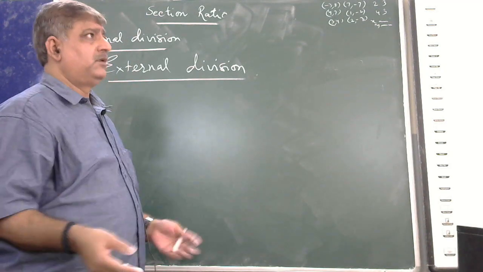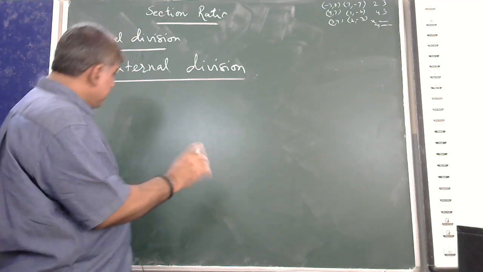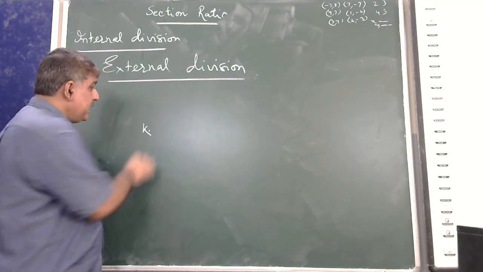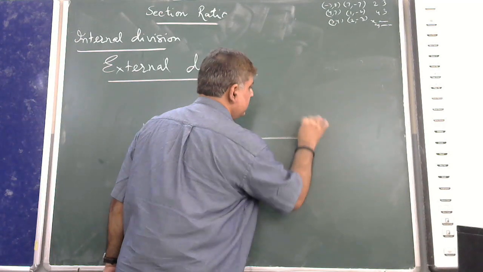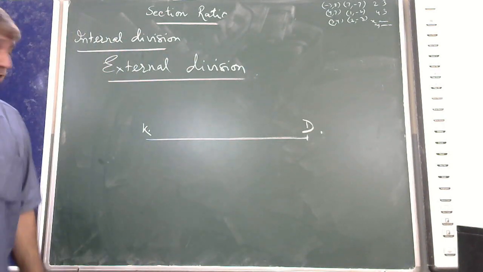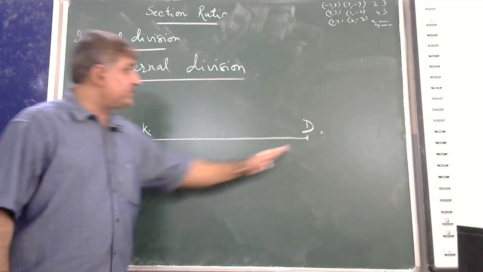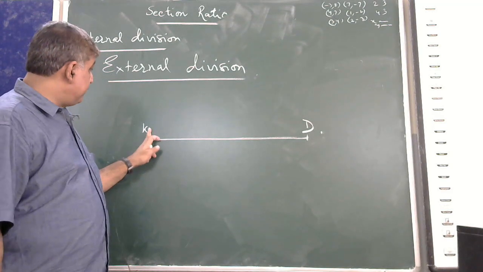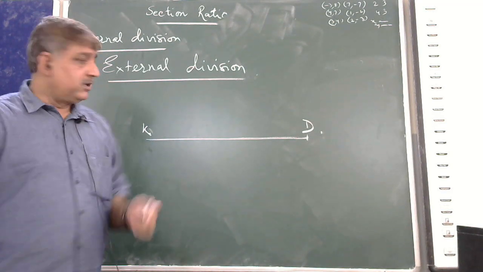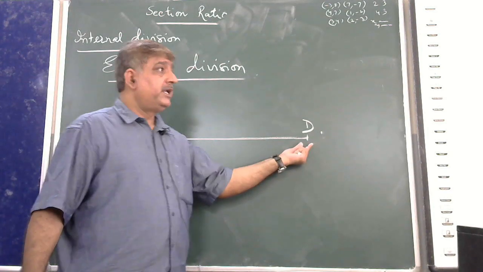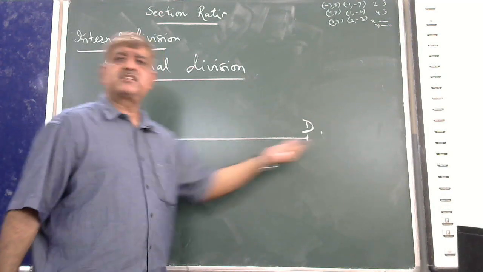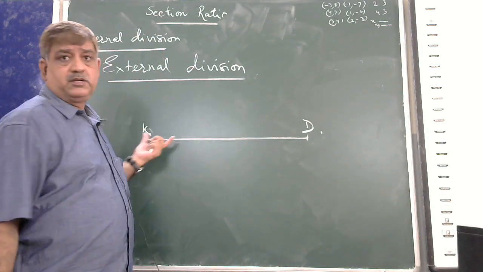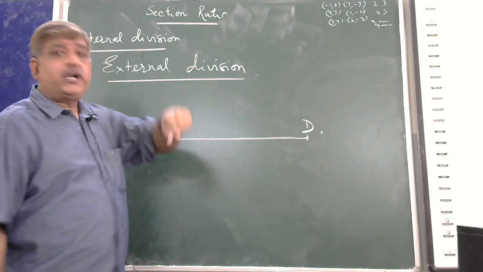Take an example. Suppose you are at Kolkata, say K, and you want to reach Delhi, say D. Now from Kolkata to Delhi, for internal division, if you use the mode of transport by train, then you have to make a big journey. At some intermediate station, any one station, you can leave the train and then board another train.